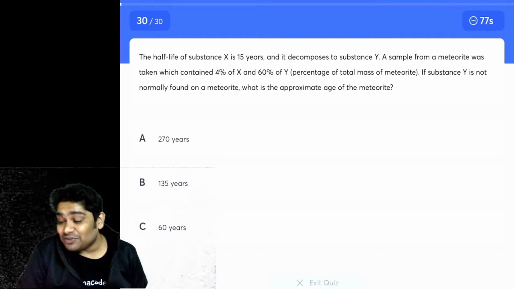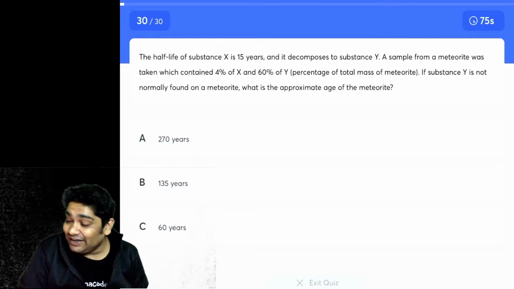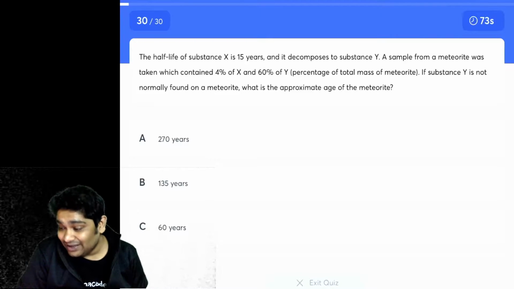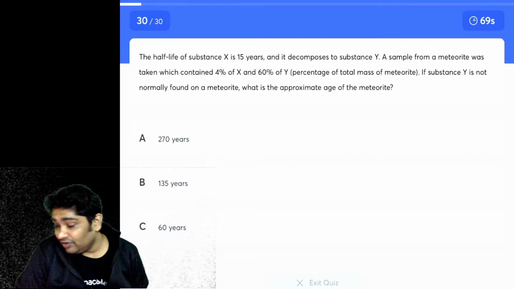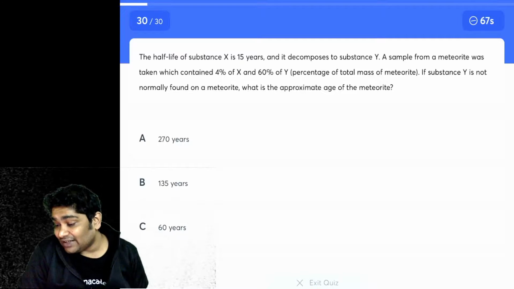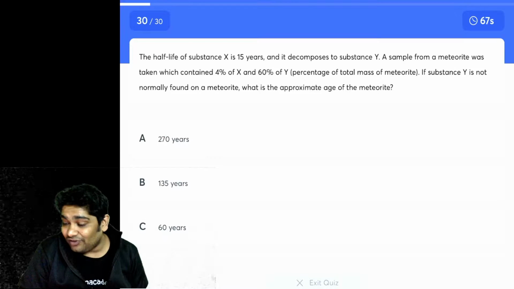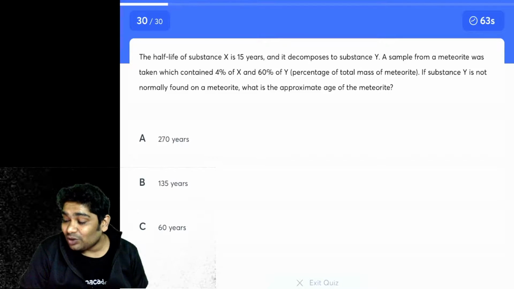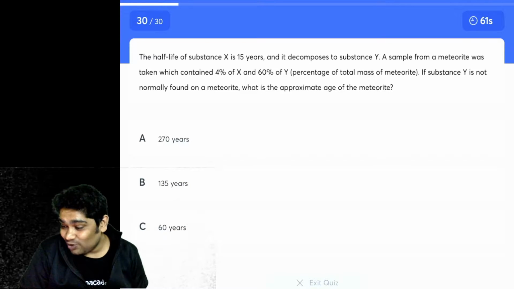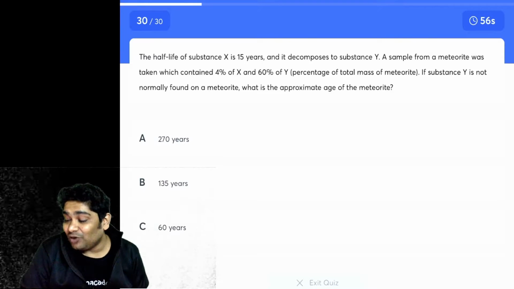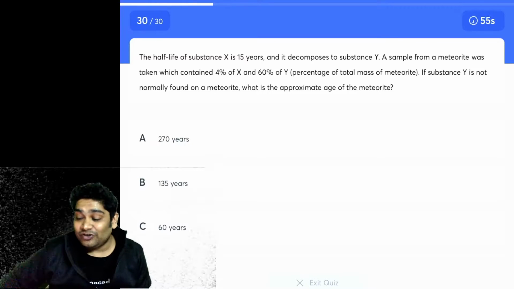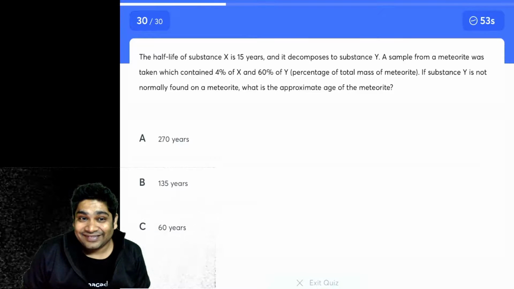The half-life of substance X is 15 years and it decomposes into a substance Y. A sample from a meteoroid has been taken which contained 4% of X and 60% of Y, as a percentage of the total mass of the meteoroid. If the substance Y is not found on the meteoroid, what is the approximate age of the meteoroid?